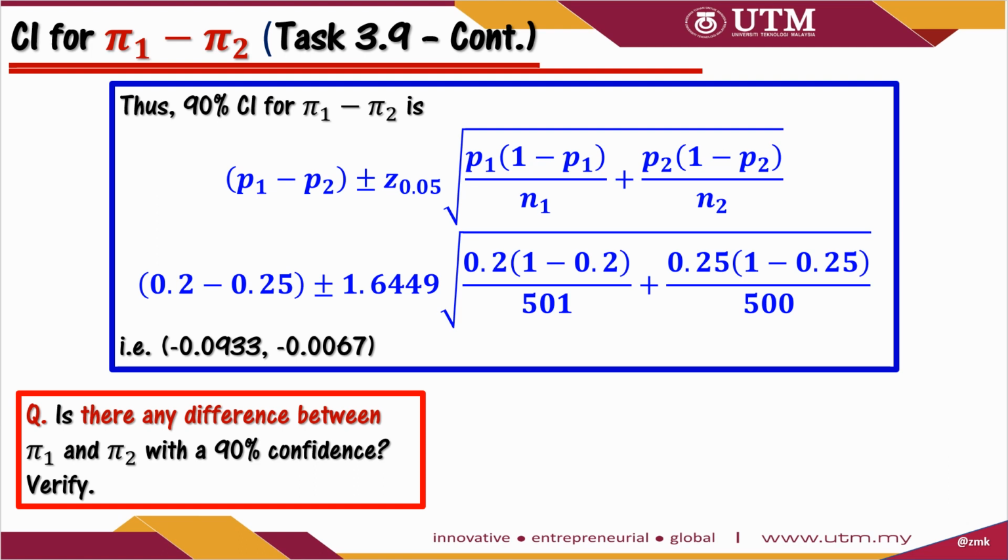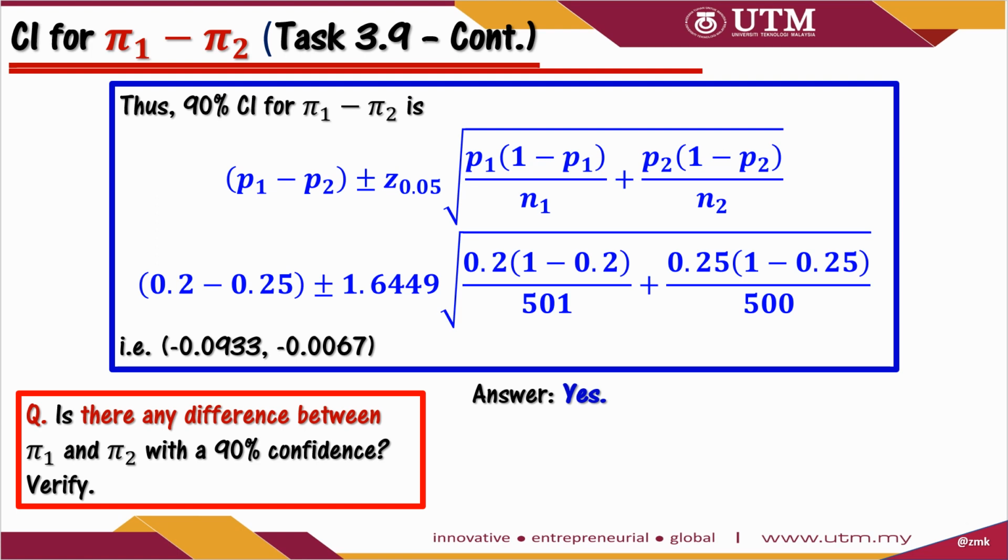If you observe the 90% confidence interval, you should notice that both limits, the lower and upper limits of the confidence interval, are negative in this case. Or if you consider pi2 minus pi1, both limits, the lower and the upper limits, are positive. So the answer to this extra question is yes.